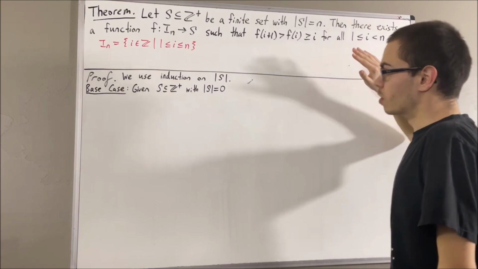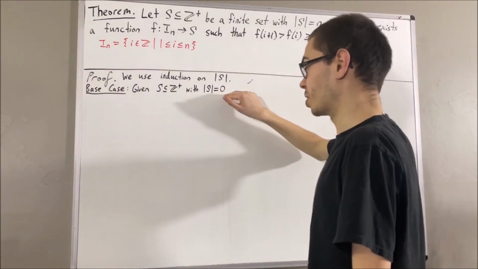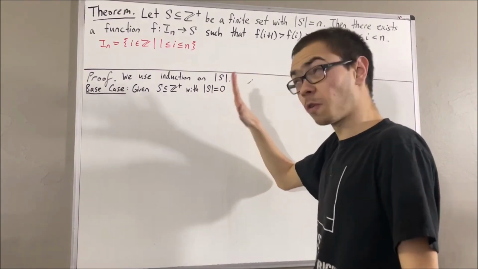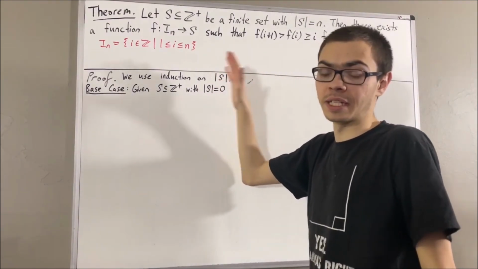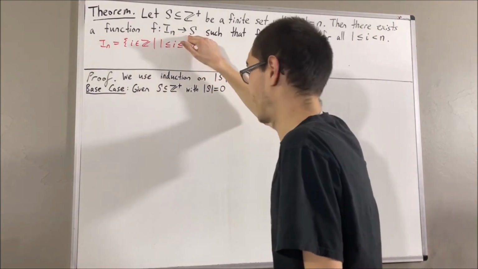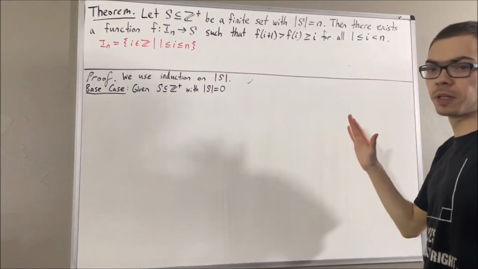Since the number of elements in S is equal to 0, S is an empty set. Also, from earlier, we saw that I_0 is an empty set. So really, we're trying to find a function from the empty set to the empty set, which has this property.